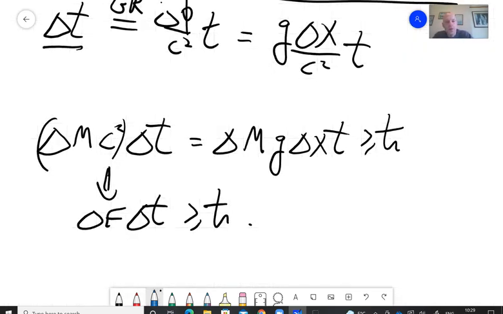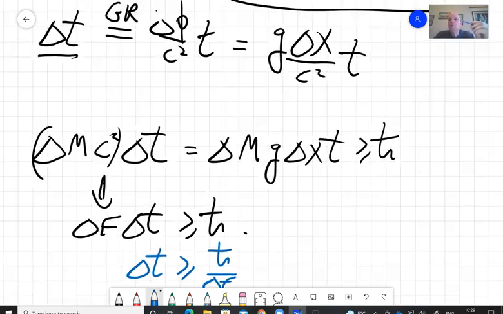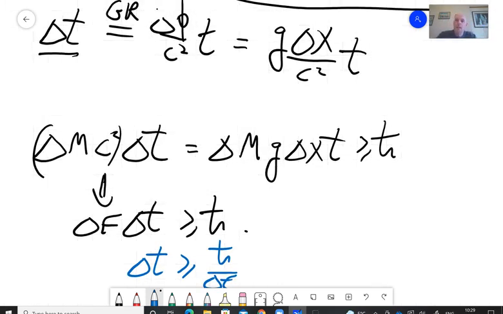The conclusion is that there is an uncertainty delta t, which is at least h bar divided by delta E, but this is because we don't know the precise vertical location of this box, and that leads to an uncertainty in the time due to a GR effect.